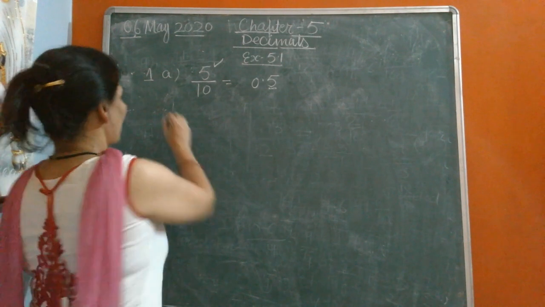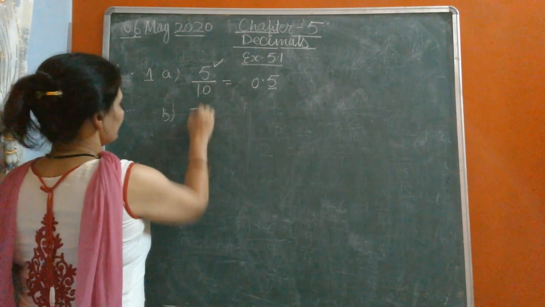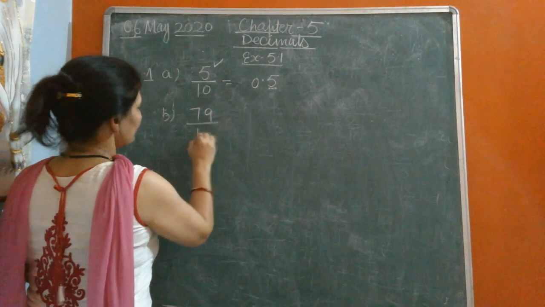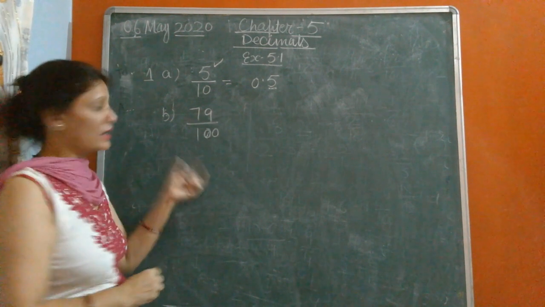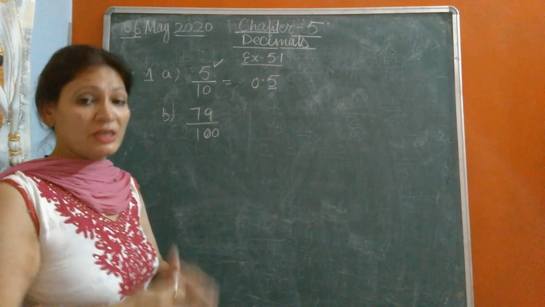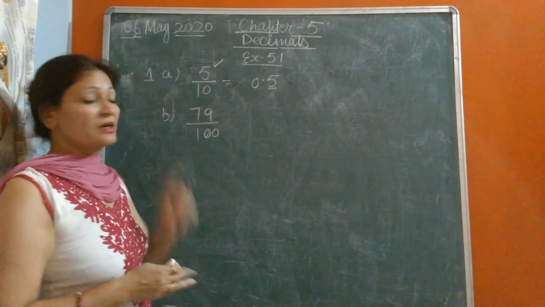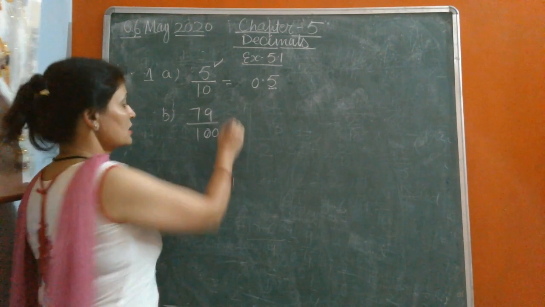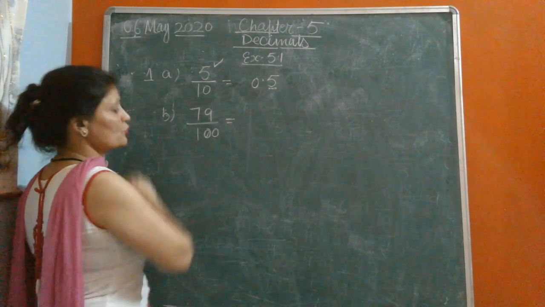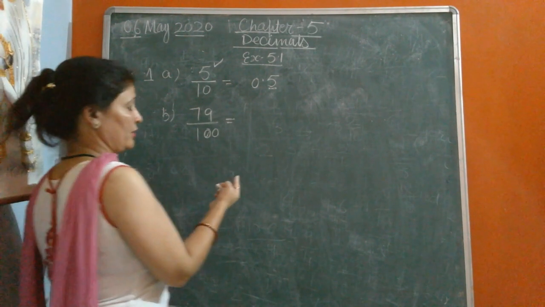Now next is part B, 79 upon 100. There, first we will see the denominator. How many zeros are there in the denominator? 1, 2. Two zeros are in the denominator.